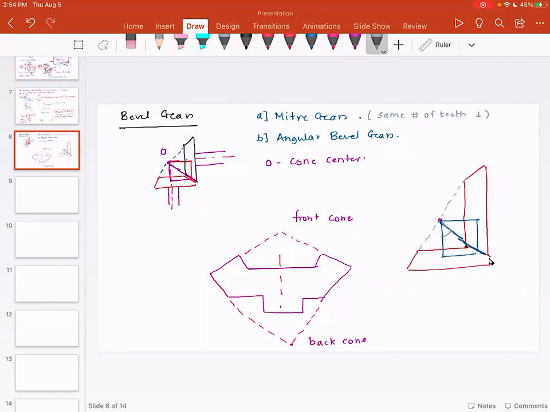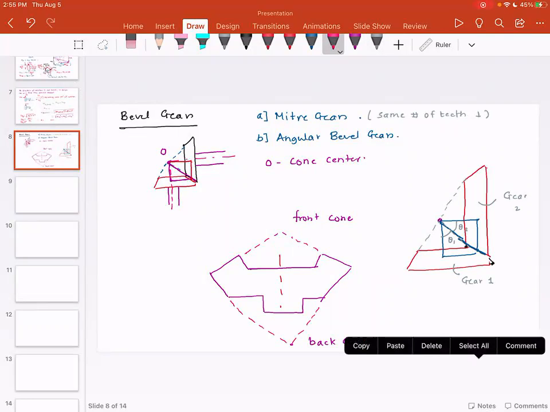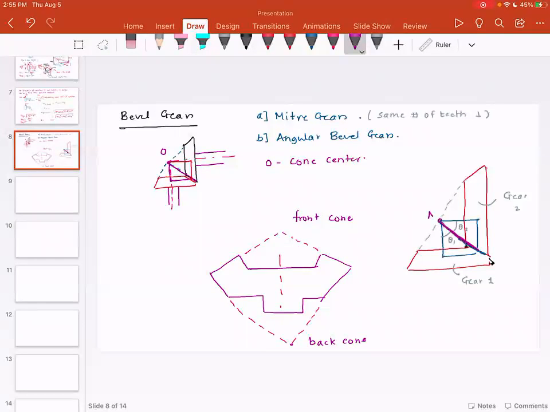So I'm going to call this theta 1, and this is also called the semicone angle theta 2, because this I'm going to call gear 2, and I'm going to call this gear 1. Now, if you notice this portion, this length, I'm going to call AB.